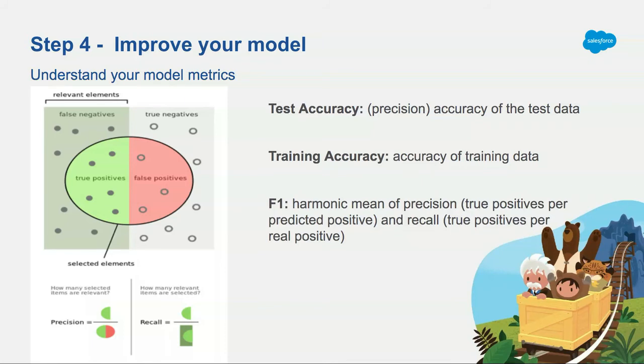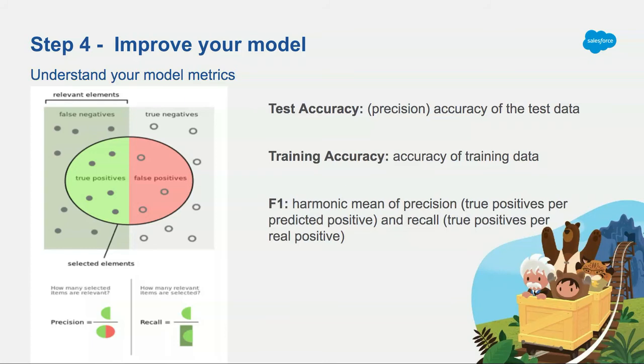Just for those who aren't familiar with precision or recall, I think this visual is very helpful. Let's say that your goal is for your model to guess everything that's in the circle, right? But your model actually guesses all the things that are colored in. All the things that are colored in and in the circle, those are true positives.